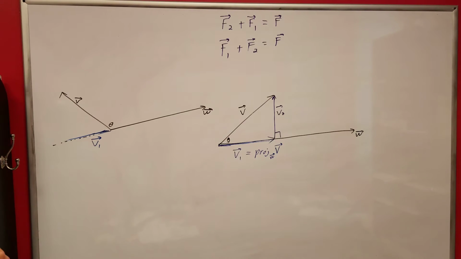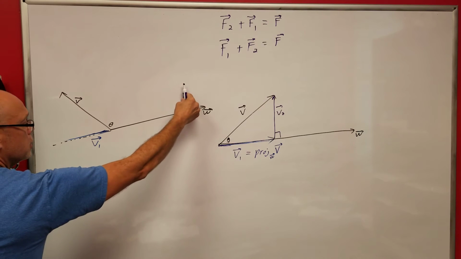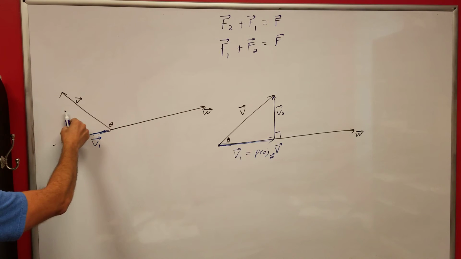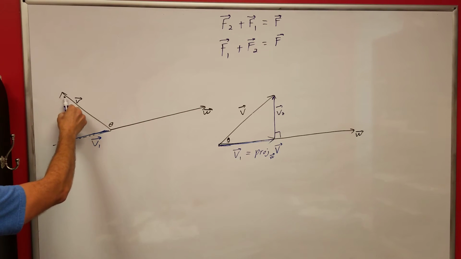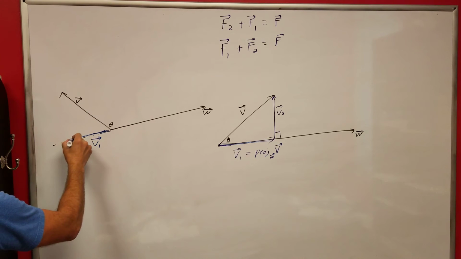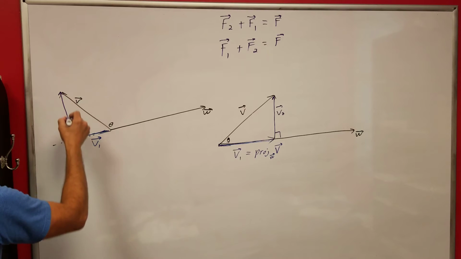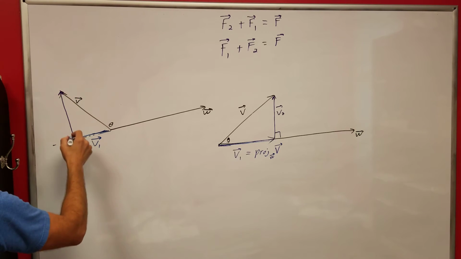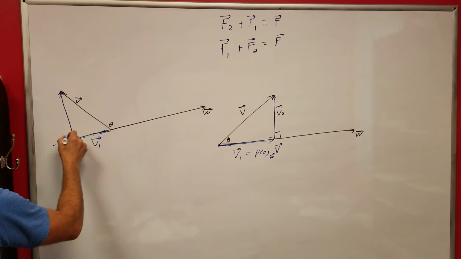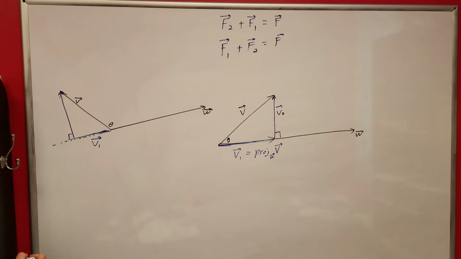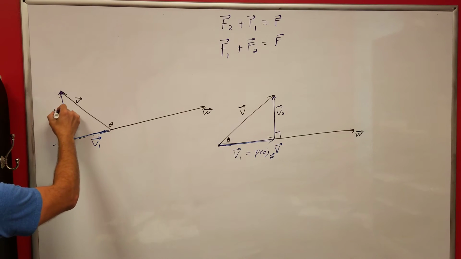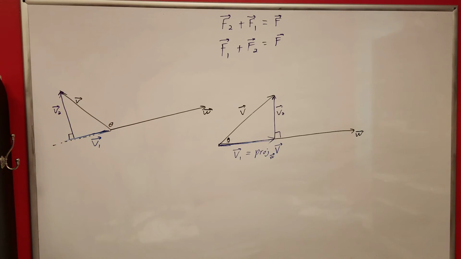And then the vector that's going to be orthogonal to w, where the tip of that vector hits the tip of vector v here, is going to look something like that, and it's orthogonal, so I'm going to draw a right angle right here. We're going to call that v subscript 2.